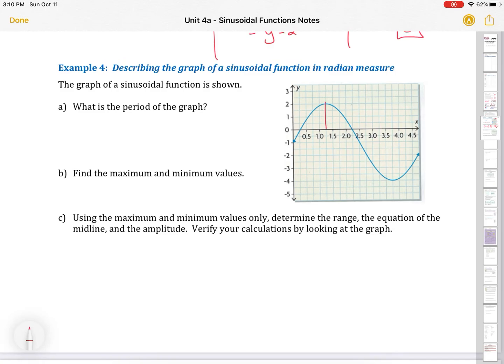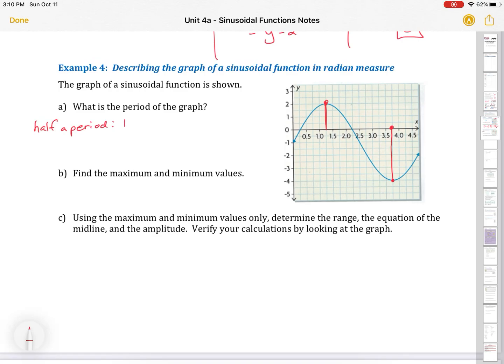I'm going to go from max to min. Max is right there, and min is right here. Okay? I don't have two maximums, and I don't have two minimums, right? But I do have a max and a min. So that's where I'm getting half a period.